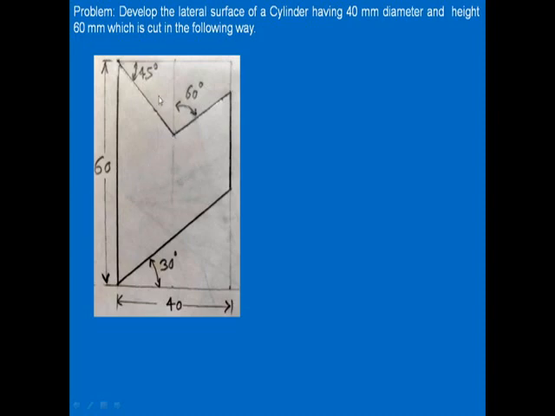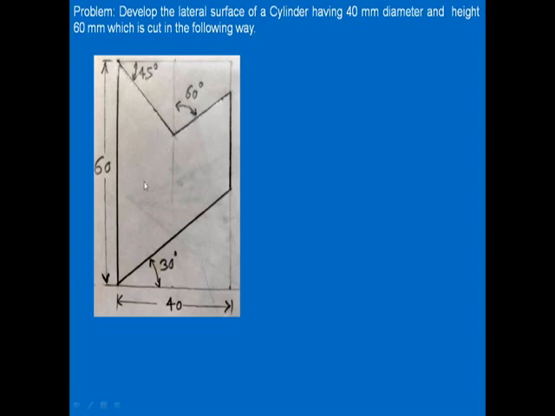Now from what is given in the front view, what you can see is the central portion is what is darkened. If you can see this vertical line, this angled line, vertical line, this angled line, this central portion is darkened, whereas the top portion is not darkened, the lower portion is not darkened. This means you need to develop the lateral surface of this central portion.